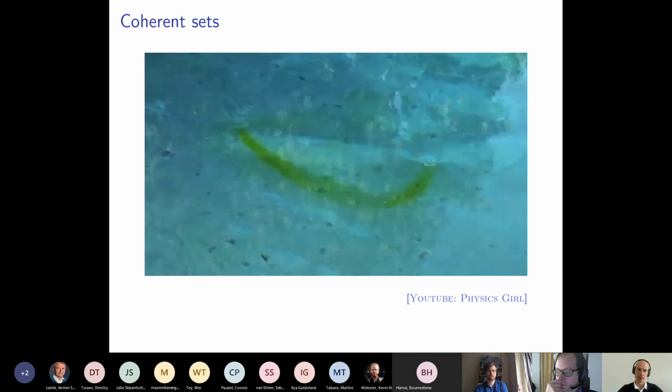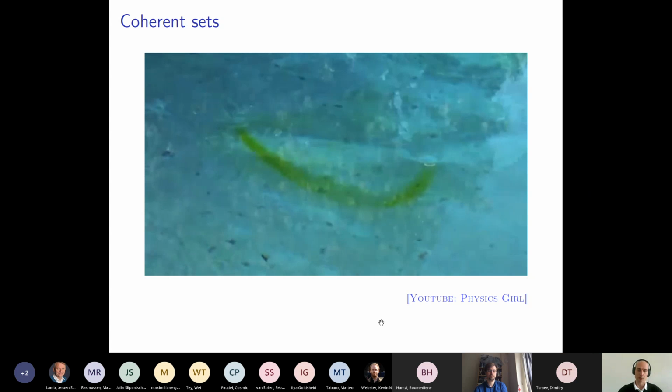So these things are most predictable if we suppose that the water motion around can be a little complicated and turbulent, and that's why these sets, these material or coherent sets in water are so important.